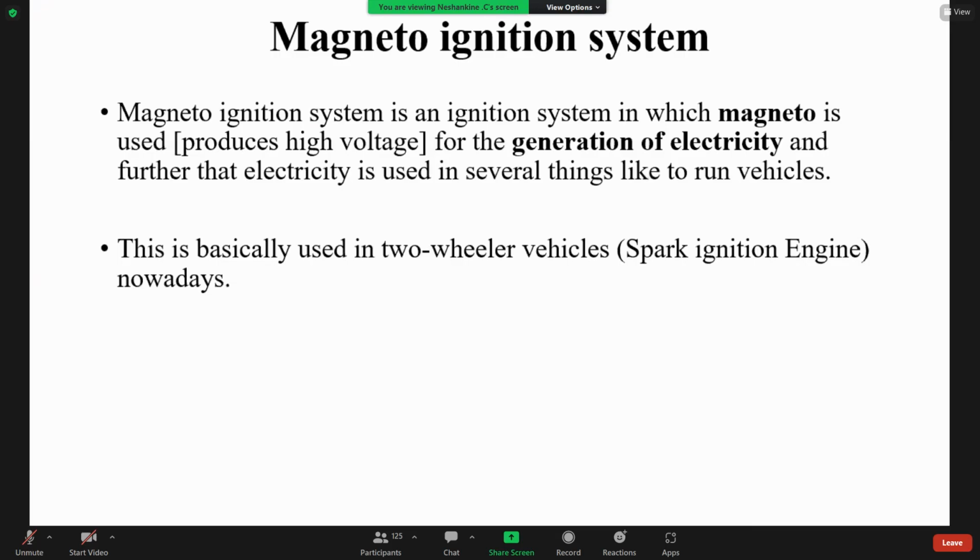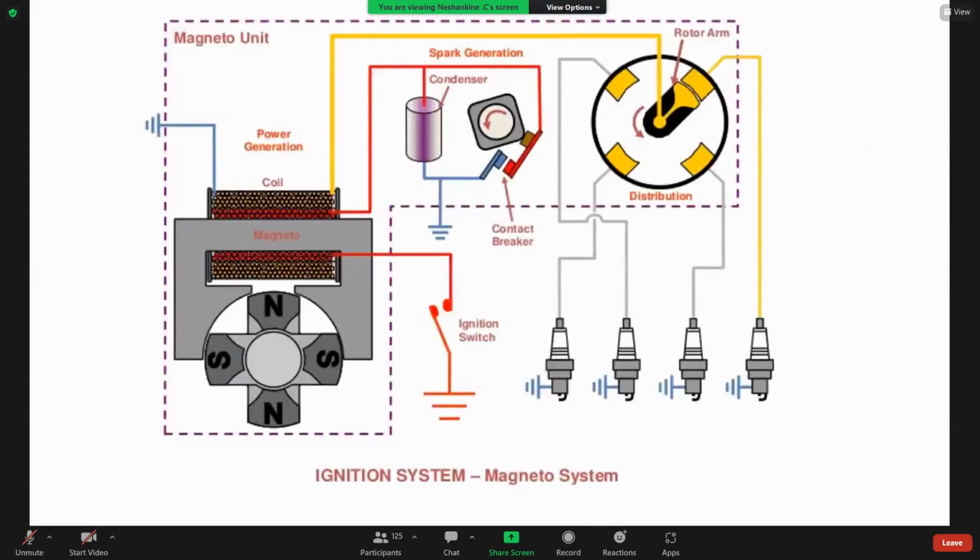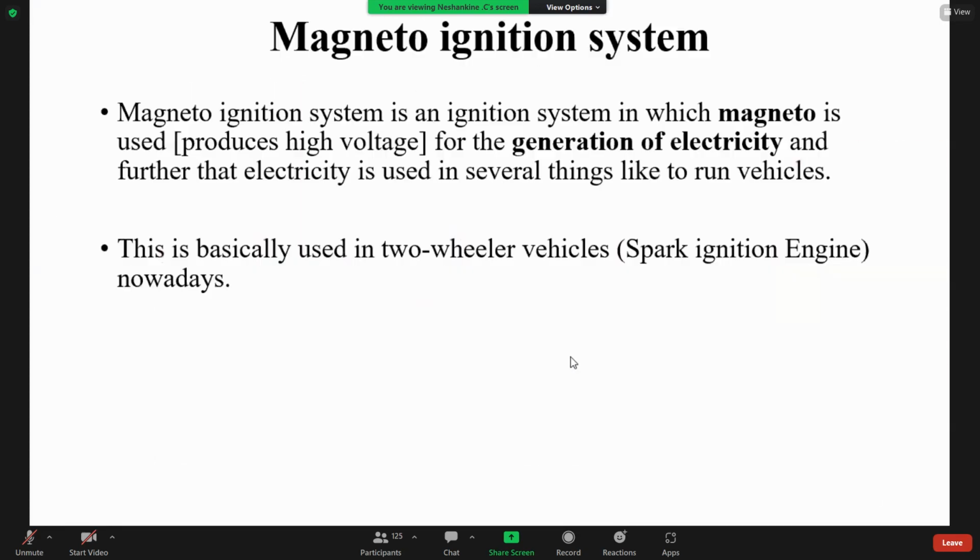In the magneto ignition system, instead of the battery that we used in the battery ignition system, here we use the magneto. Understood? This one produces the current. I will discuss that one later.